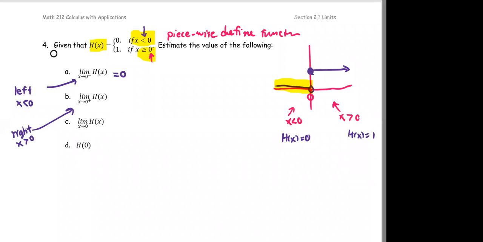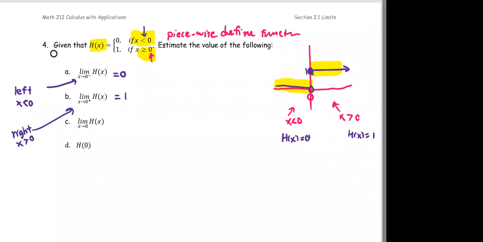Now, if we trace the graph from the right side, as x approaches 0 from the right, the function approaches the value 1. Part A and part B give you the one-sided limits. One approaches 0, the other approaches 1.